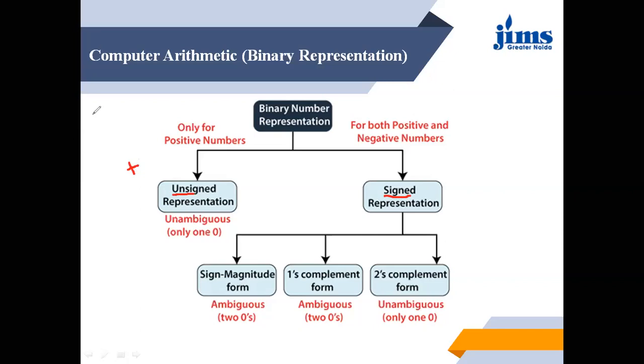For example, 5 is a positive number, 832 is a positive number. So this is the unsigned representation of a positive number. On the other hand, we can represent numbers using signed representation.